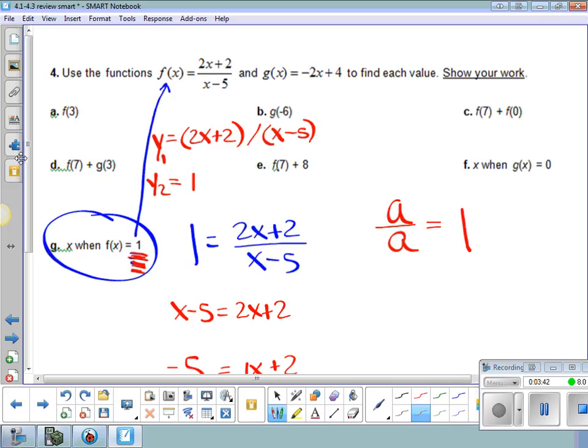Okay, you'll get kind of a funky looking graph for this. We're going to study this in second semester. It's called a rational function. You'll get a weird looking graph, but you'll be able to find the intersection with the line y equals 1, and it would be at x equals negative 7. So those are the 4 techniques for solving for G.